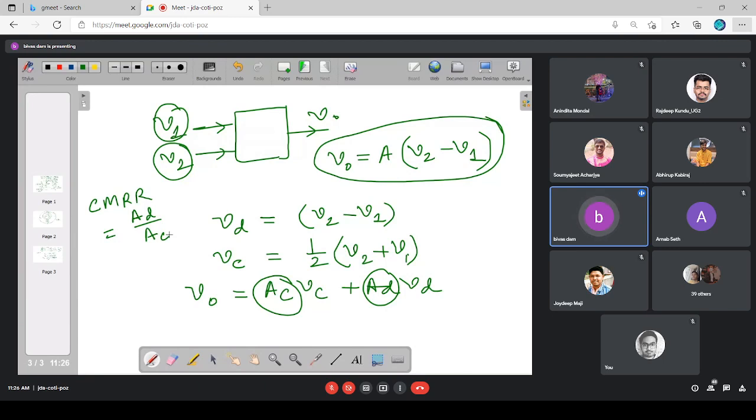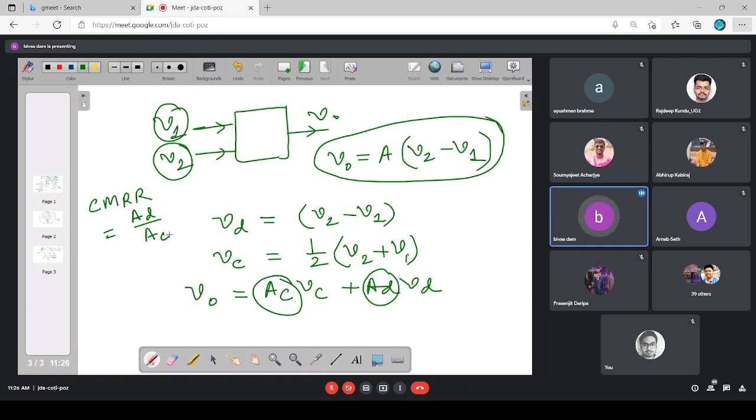Ideally your AC should be 0. So ideally the CMRR value for a difference amplifier should be infinity. So CMRR for any difference amplifier should ideally be infinitely large.